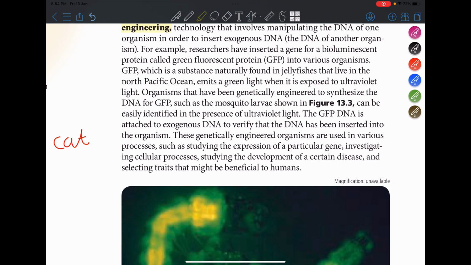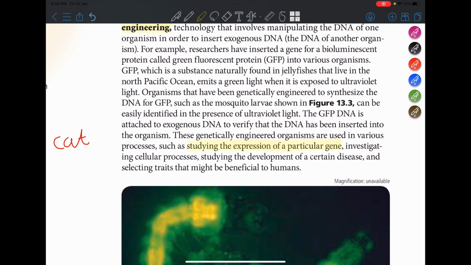When I say expression of a particular gene, I'm basically talking about how a gene works, or how we express that particular gene. What is the function of that gene, right?